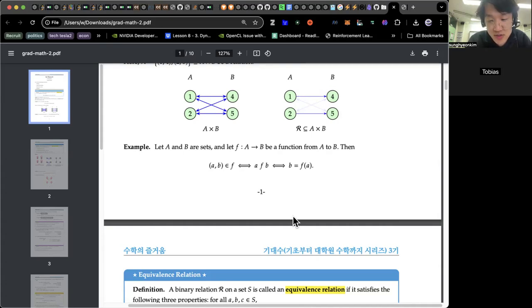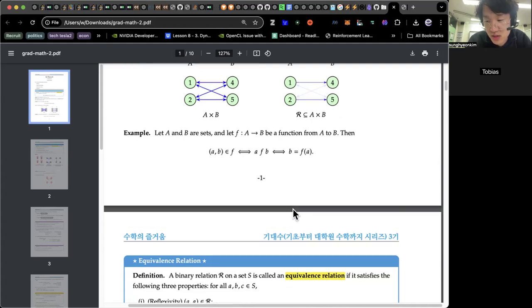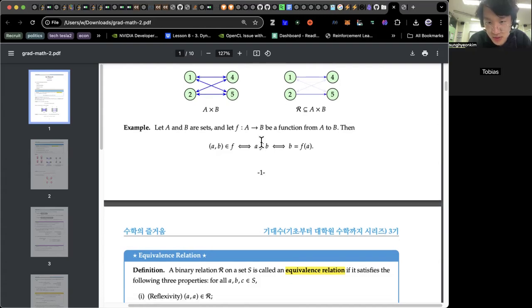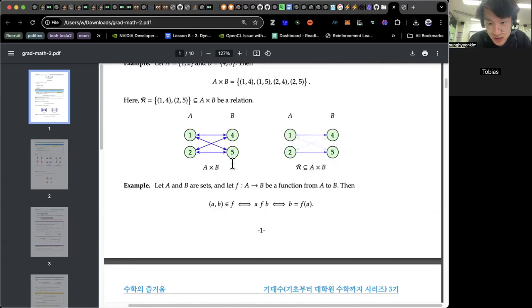Then in that case, onto corresponds to consistency of matrices, and one-to-one corresponds to linear independence of each column.